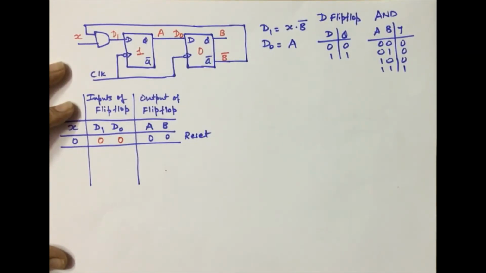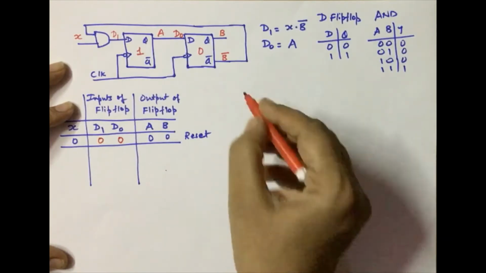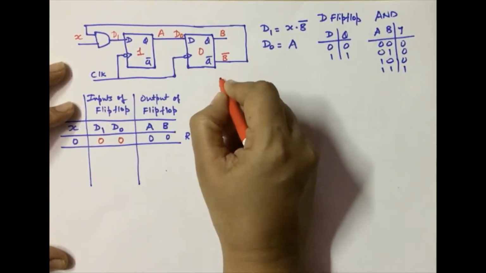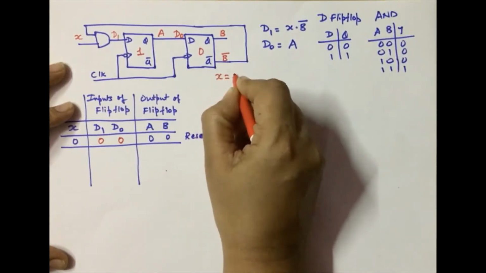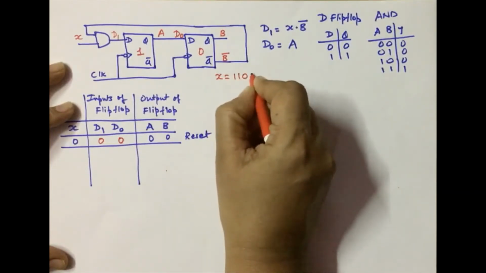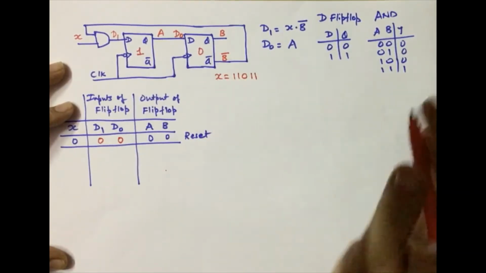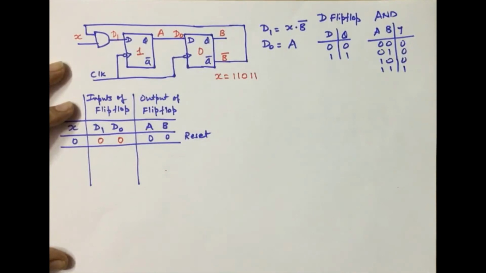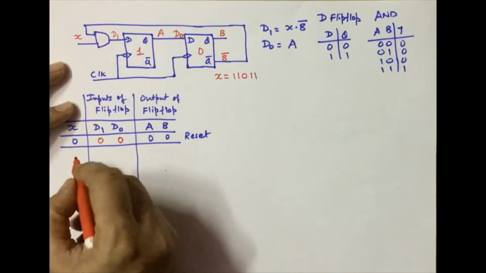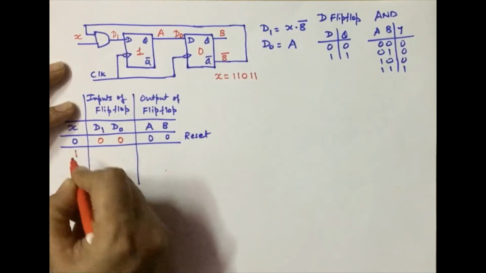Now we start with, suppose X is changing as 1 1 0 1 1 on various clock pulses, then we need to evaluate what will be the behavior of this circuit. So first of all, we will consider X is 1.